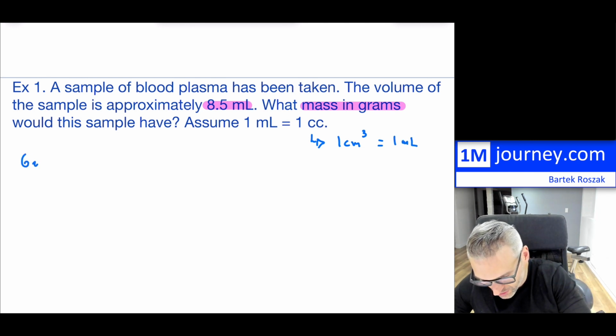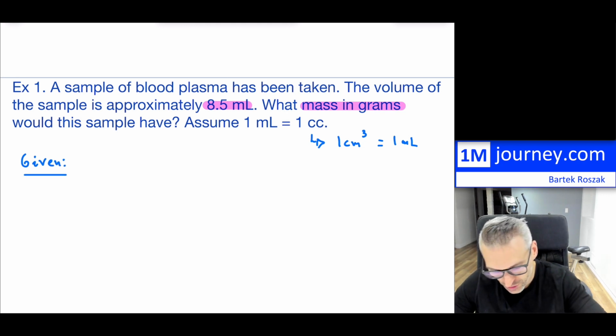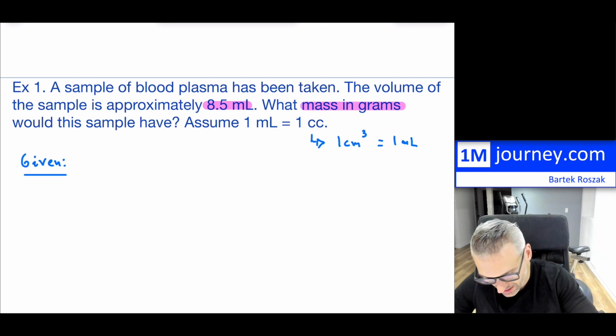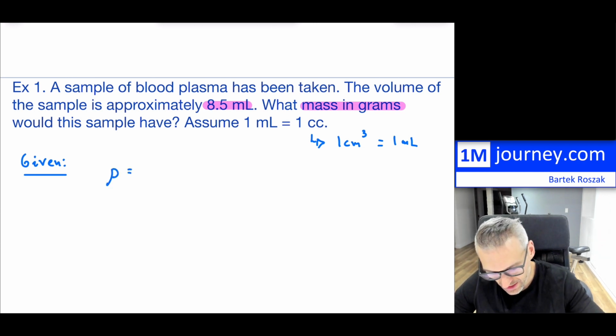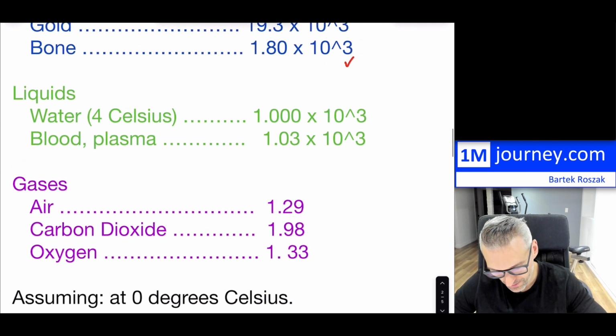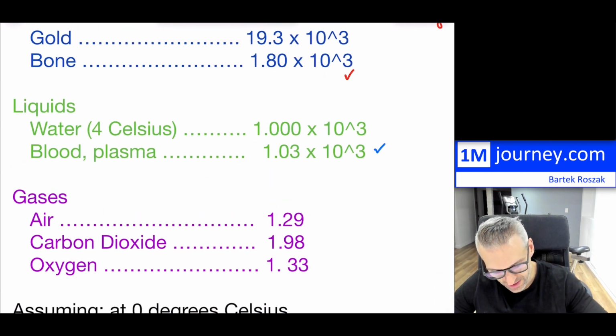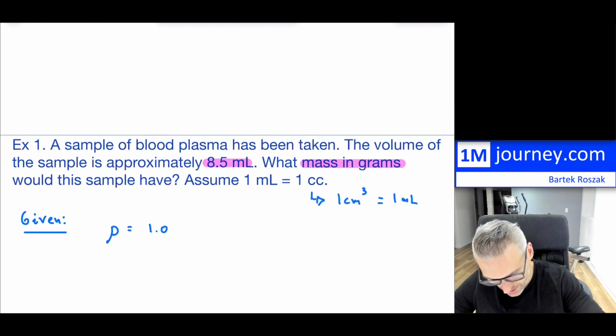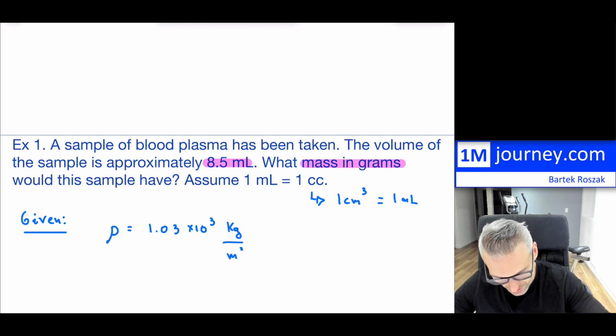Now, if I wanted to solve this, I would have to look up the density for blood plasma. If you go up here, notice here it is, it's 1.03. So I'm going to write it down, 1.03 times 10 to the 3, but this is in kilograms per meter cubed.